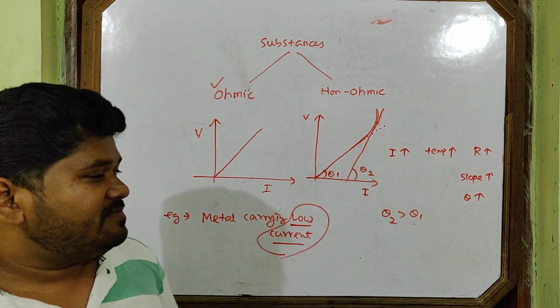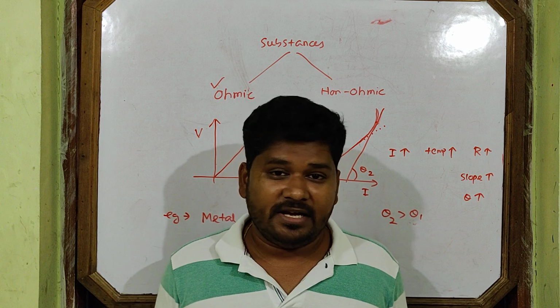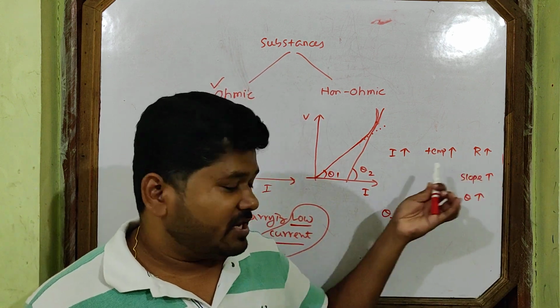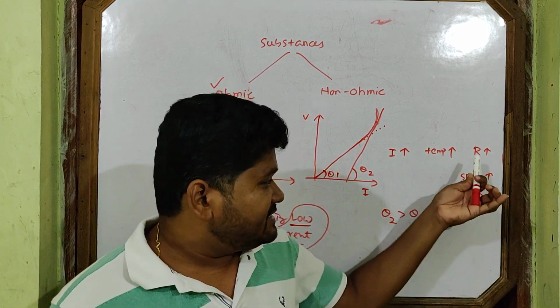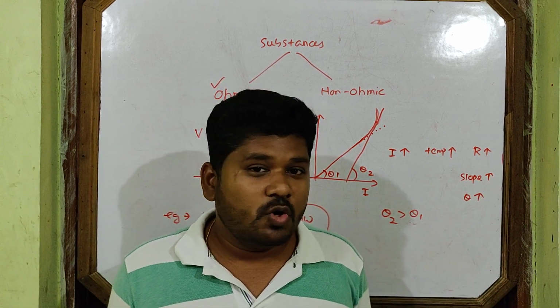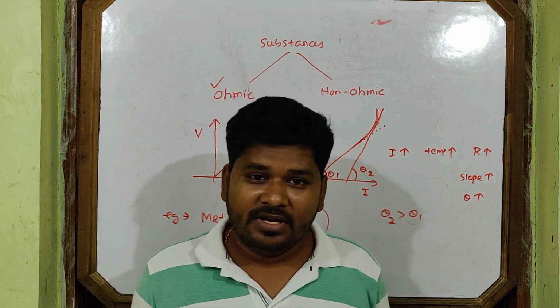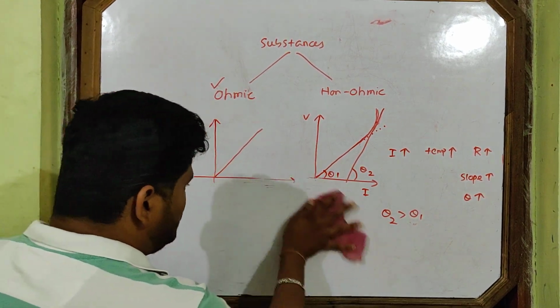Then the question may come, why does the graph deviate from a straight line at high current in Ohm's law? I told you, because current increases, temperature increases, resistance increases, slope increases, so the graph bends from the straight line. So this is about ohmic substance, the substance which obeys Ohm's law.